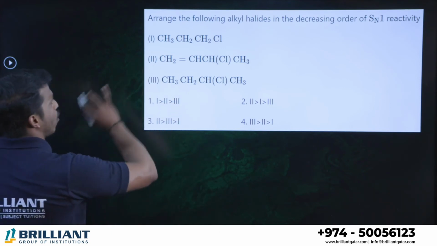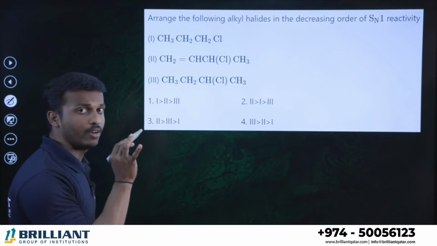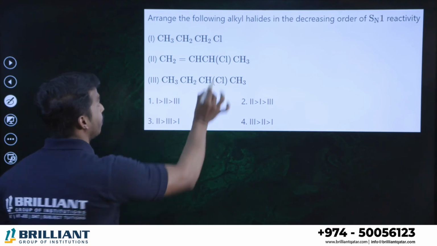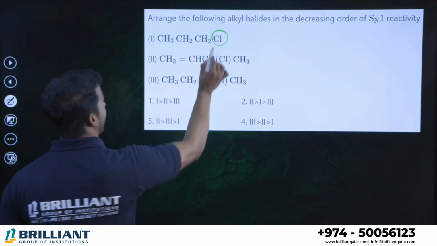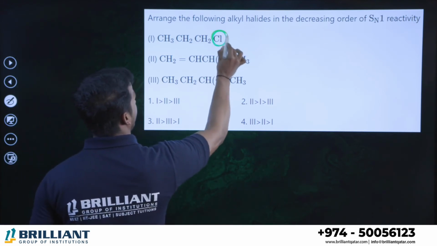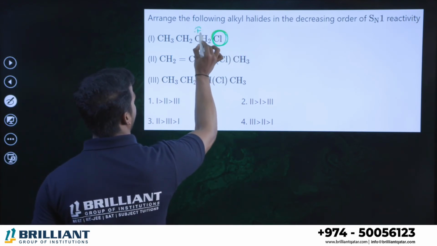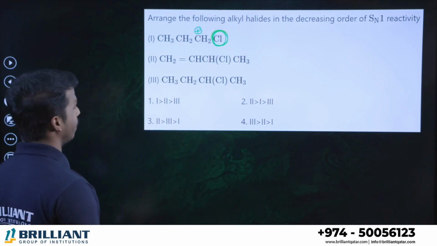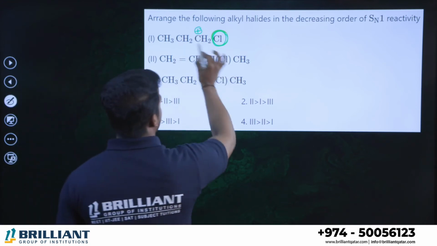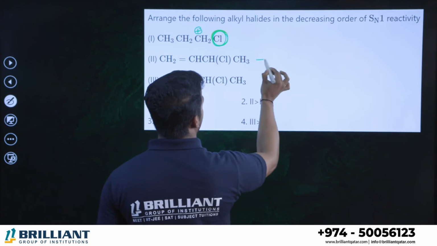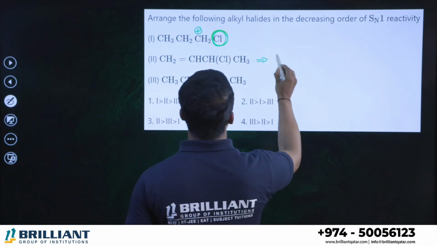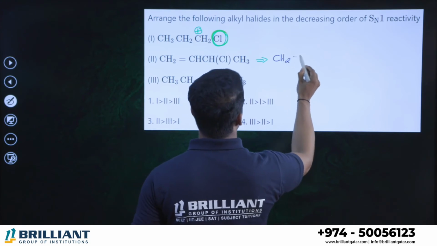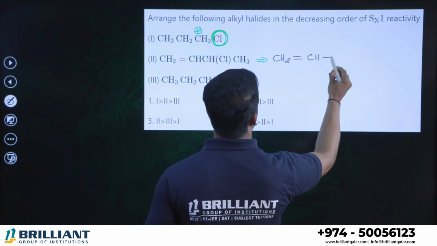Let me take the first compound. What are you going to do in the first step in the SN1 mechanism? The halogen is leaving. You are going to leave this halogen and make a carbocation here. I'm just expanding this compound, all of you. Listen carefully. I'm writing the compound like this: CH2 double bond CH.